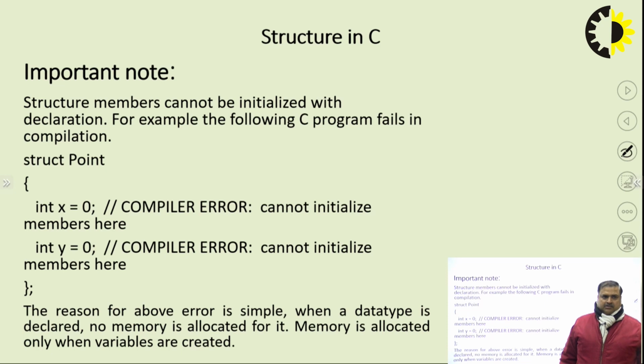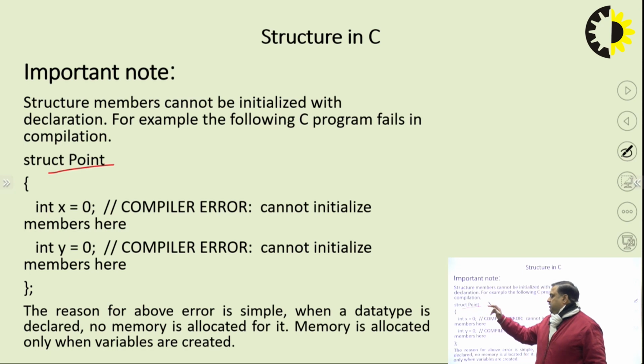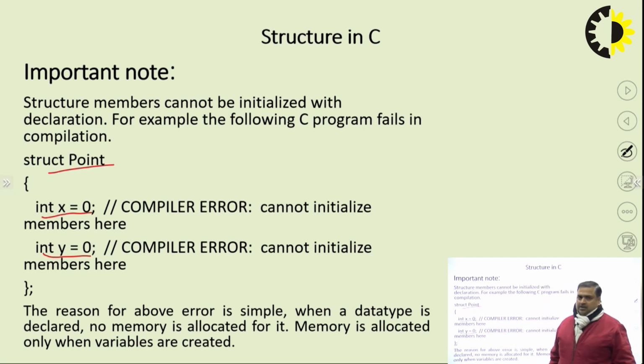An important note: structure members cannot be initialized with the declaration. Like here in this example, struct point we have declared, int x equal to 0, int y equal to 0. I tried to give a default value, but it will provide a compiler error. Why will it give a compiler error?